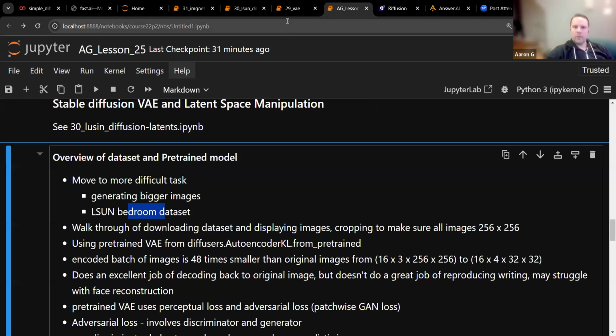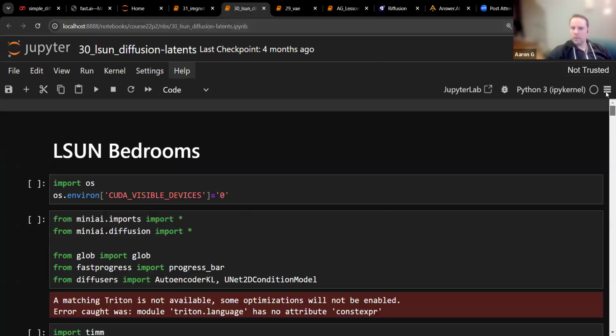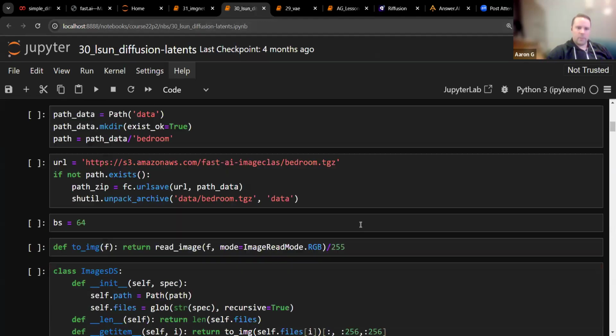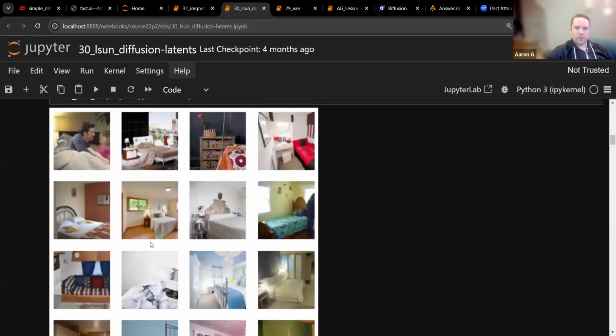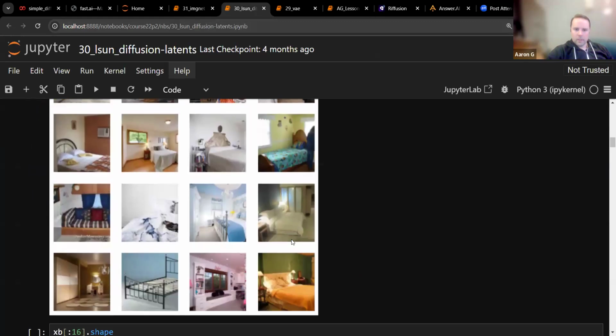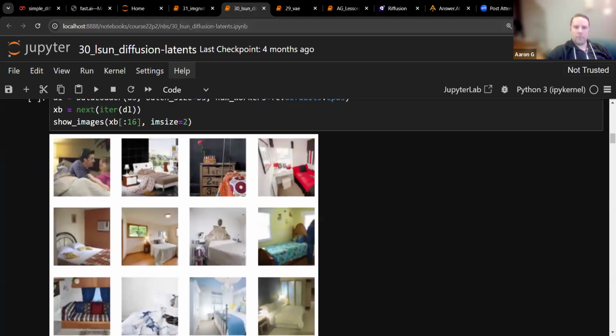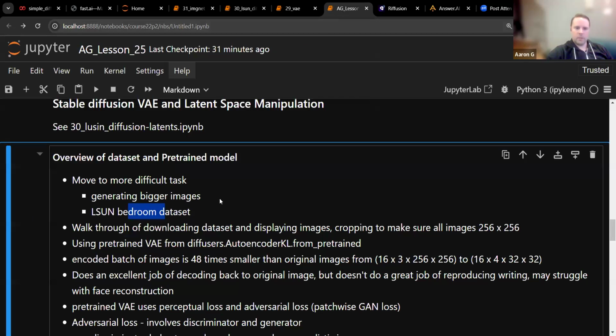You can scroll to the top here and see a couple of those images. They're pretty detailed, and all bedroom themed, as we would expect.